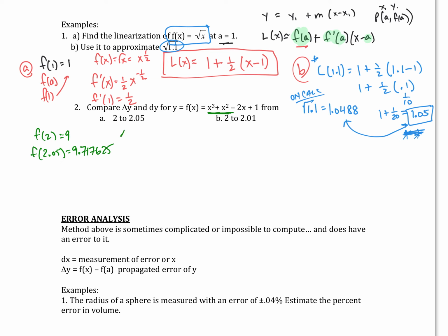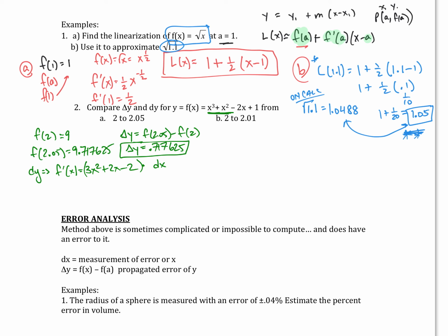All right, delta y means f of 2.05 minus f of 2, and that will give me a value of 0.717625. All right, there's my delta y. Now we want to compare to dy. Well, dy means I need to take a derivative. So I need f prime of x, and in this case, I will get 3x squared plus 2x minus 2, times my dx.